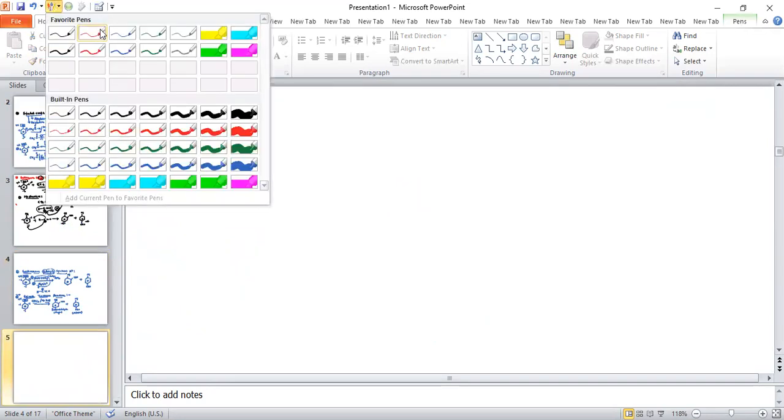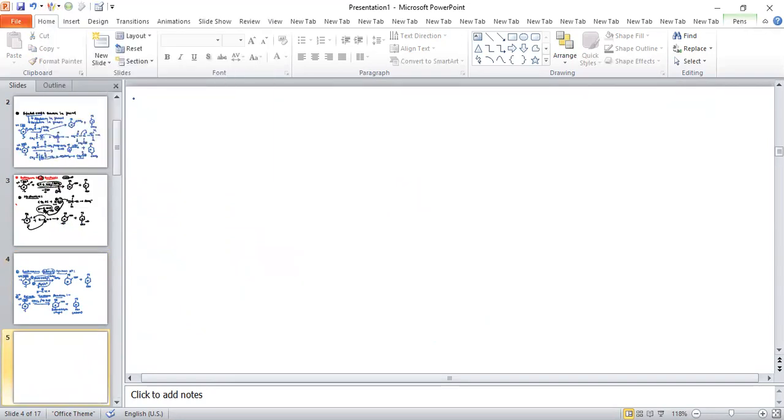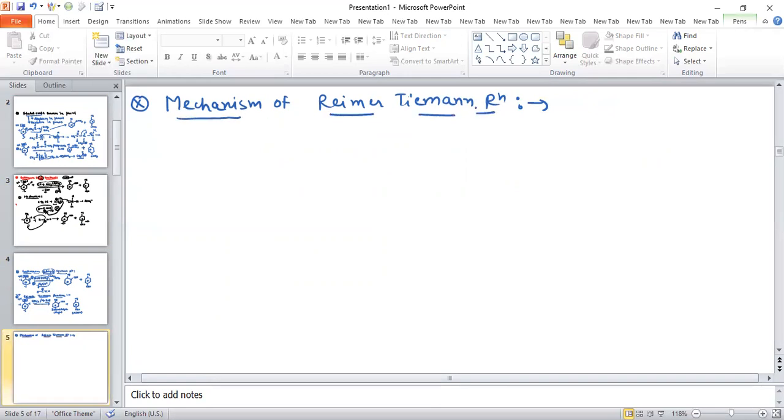What is basically the mechanism of the Reimer-Tiemann reaction? See what happens in this case. The mechanism of the Reimer-Tiemann reaction, so you can easily identify.